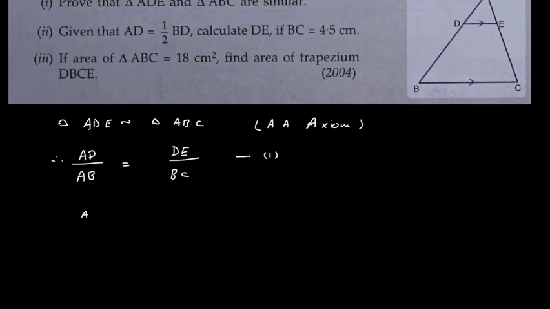Now let us take AD is equal to half of BD. So from here we can say that 2 AD is equal to BD. Also we have AD plus BD is equal to AB.